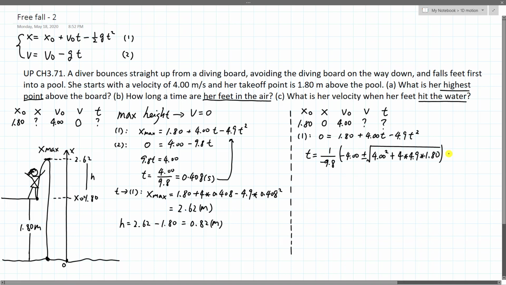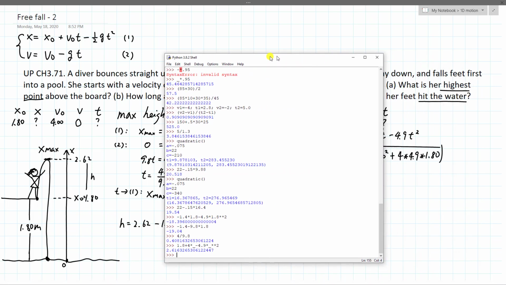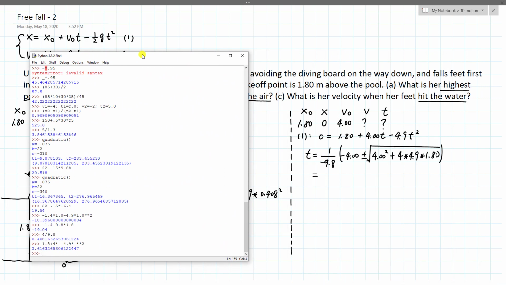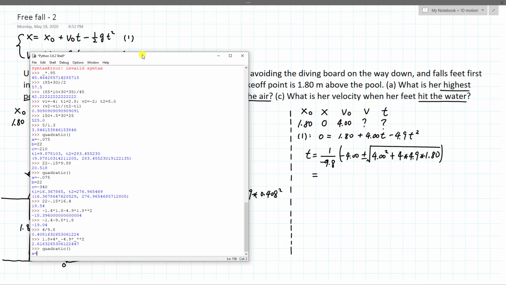So we get t equals, let's get the calculator out. I do remember that I have that quadratic solution function right here. Okay, so just hit that and we'll just type in ABC.